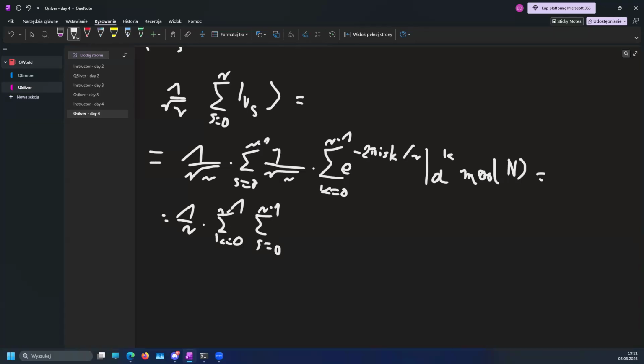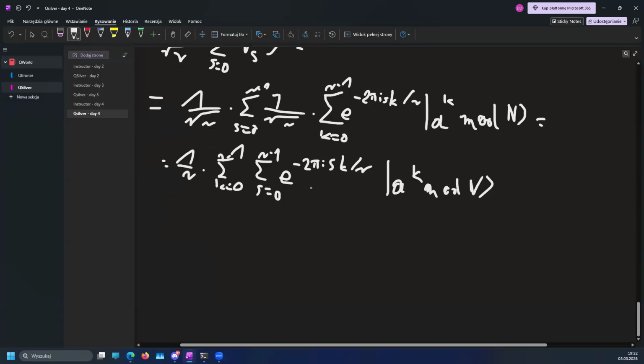We have also changed the order of those summations, and here we will have our coefficient, so minus 2 pi i s k divided by r, and this multiplied by a^k mod n.